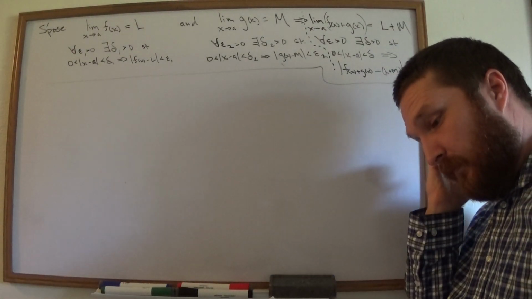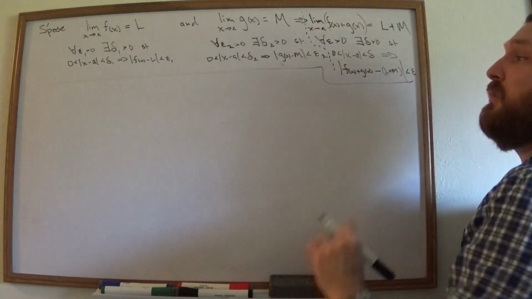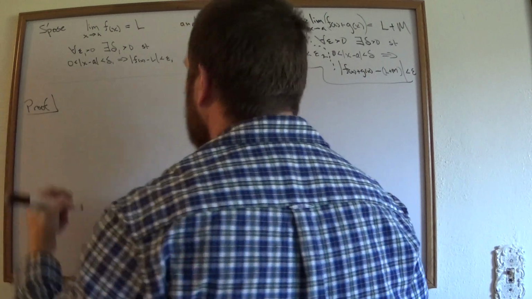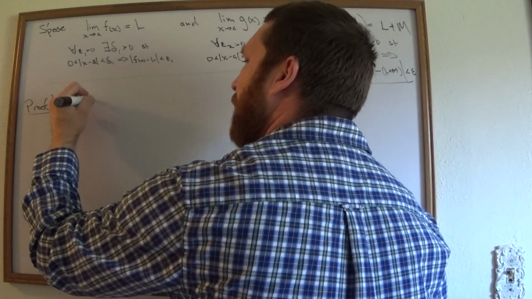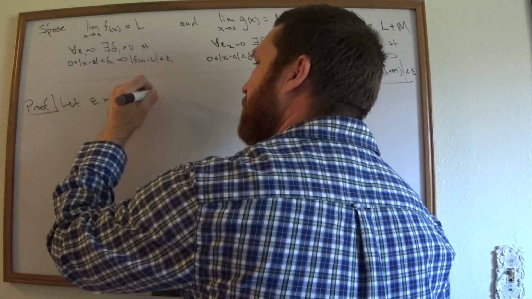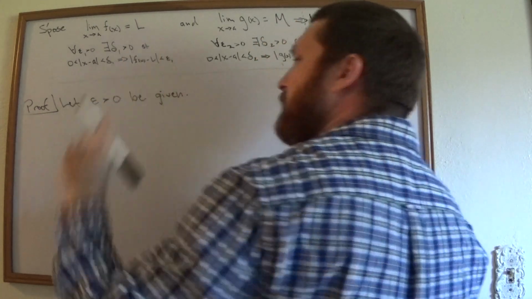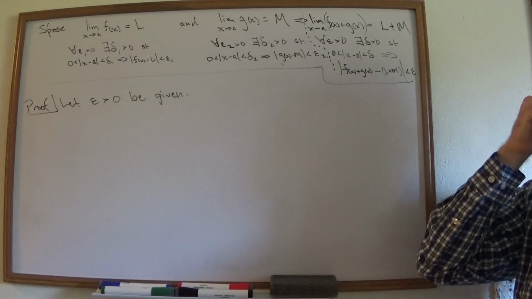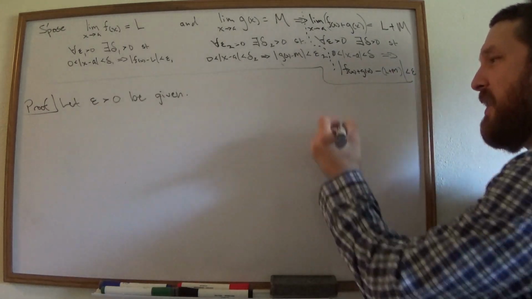Okay, so that's what we need to show. Here's my proof. And this is how epsilon delta proofs always start. Let epsilon be given. So in other words, now you specified this. You're like, I don't think you could get within 1,000th of that. And I say, oh yeah?